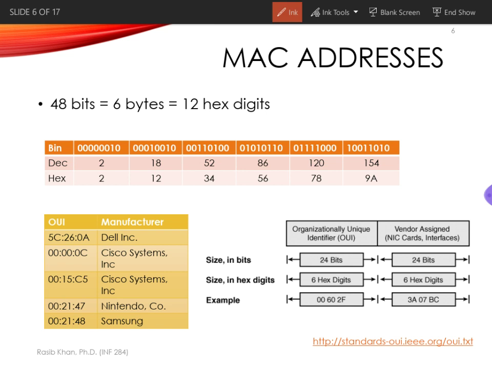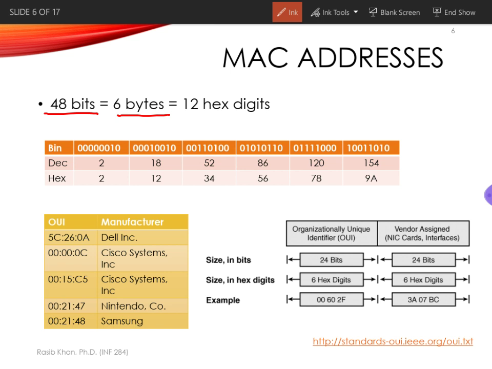So let's try to understand what a MAC address looks like. A MAC address is a 48-bit address. So 48 divided by 8 is equal to 6 bytes. And if you refer to the data representation, if we have 6 bytes, that actually implies 12 hexadecimal digits.